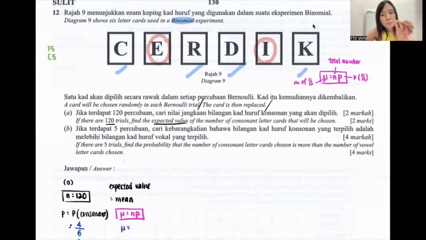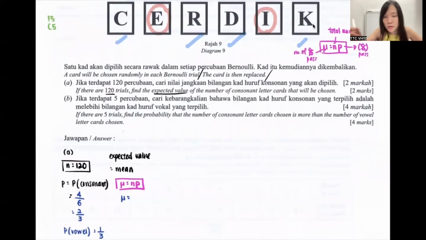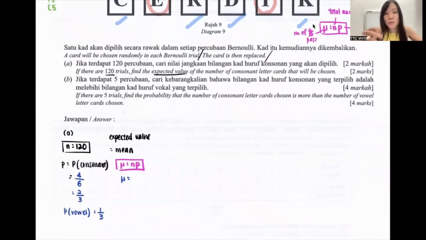So it means the expected value of girls. So whenever they say find the expected value for how many of something happen, that means they're finding the mean, okay? So NP.